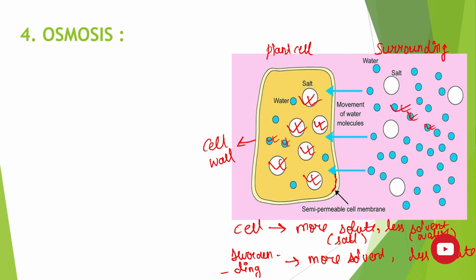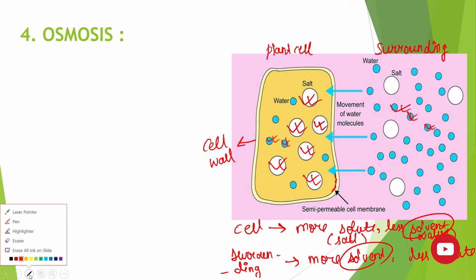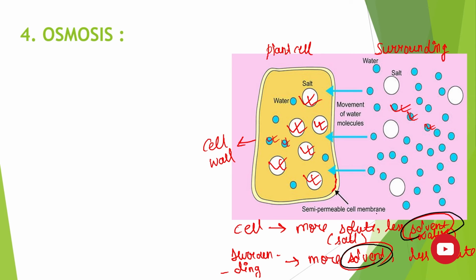So now we have noted the concentration of the plant cell and the surroundings. But we only have to consider the concentration of solvent here. Let me just change the ink. We are only going to be focusing on the solvent here, that is the water molecules.